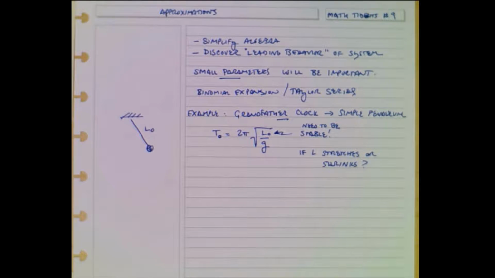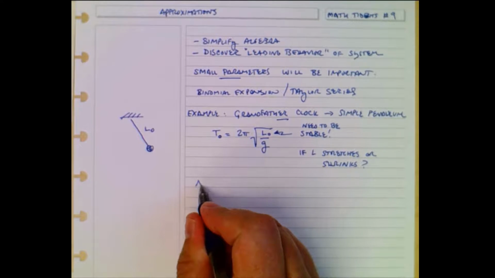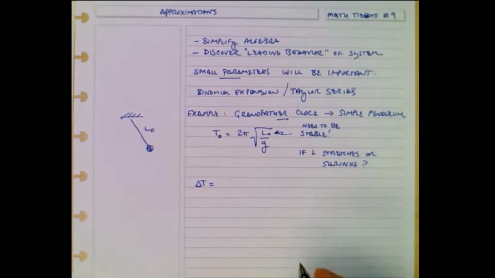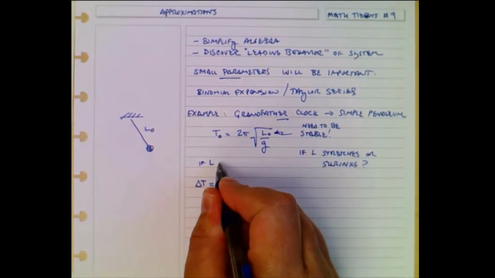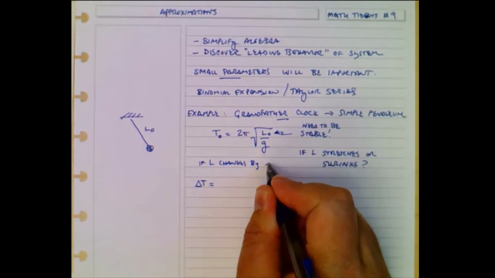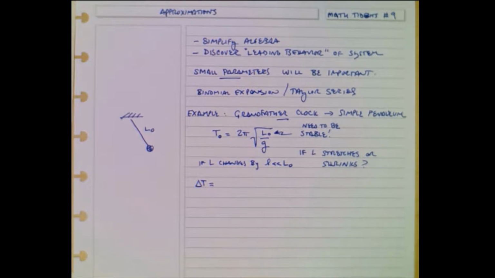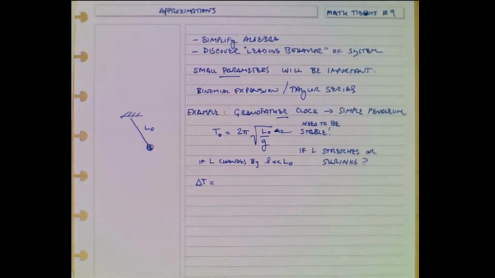So by way of getting to a discussion of approximations, I've chosen this example because it allows us to talk about the effect of small changes in this length. So let me show you what I mean. What's delta t going to be if L changes by little l, which is much less than L0, the original length?